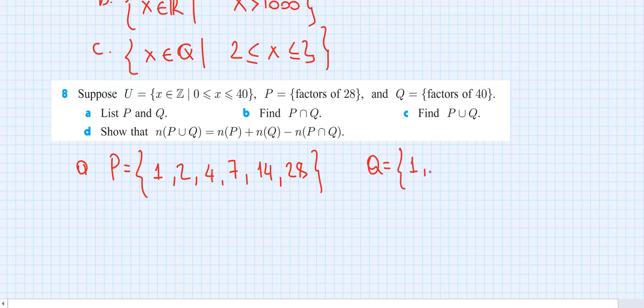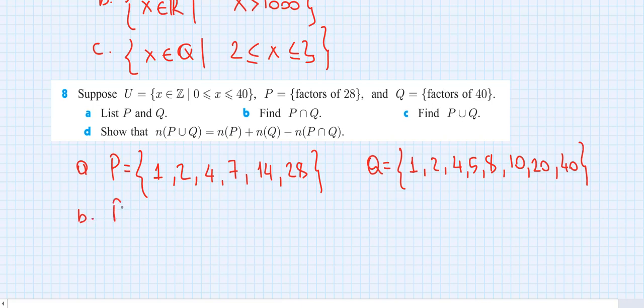And for Q, let's list all the factors. You should always start with 1, then it goes with 2, then 4, then 5, 8, then 10, then 20, and 40 itself. So these are the factors of 40. Now, in part B, what do we need to find?